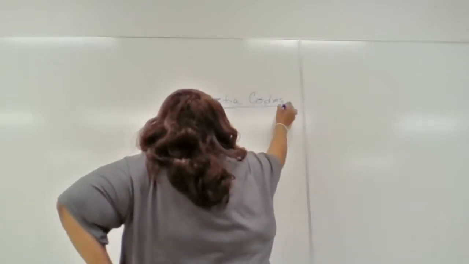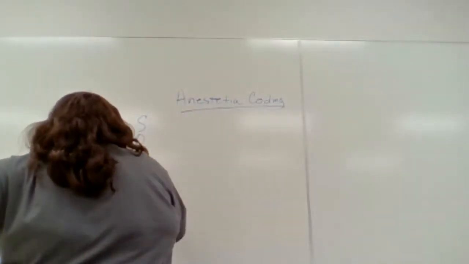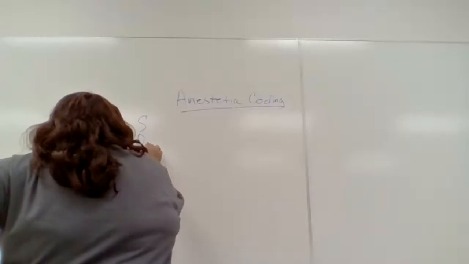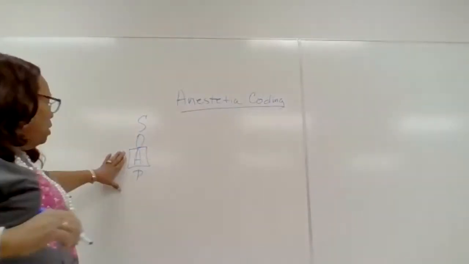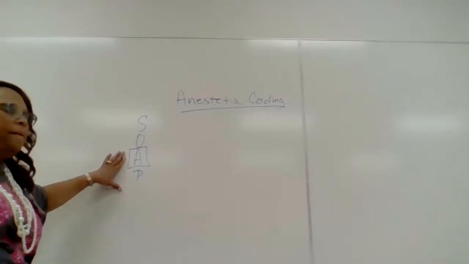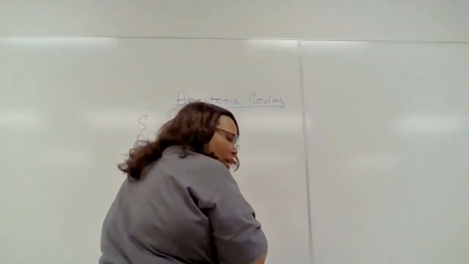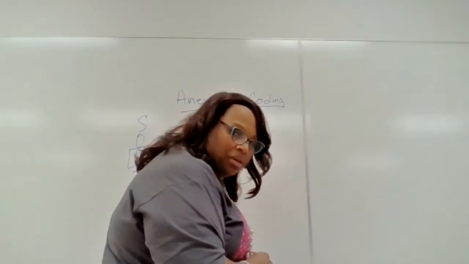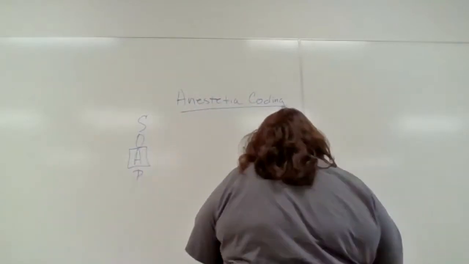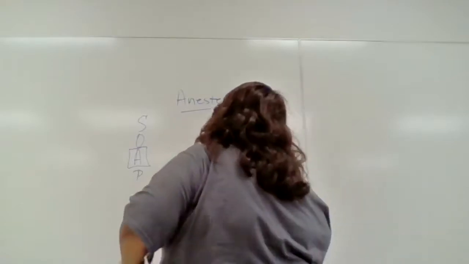Okay, now, anytime you're going to code for anesthesia, this is where we live in the assessment part. Now, I'll write this in black. Sometimes I don't know if this shows up on the screen well. Okay.